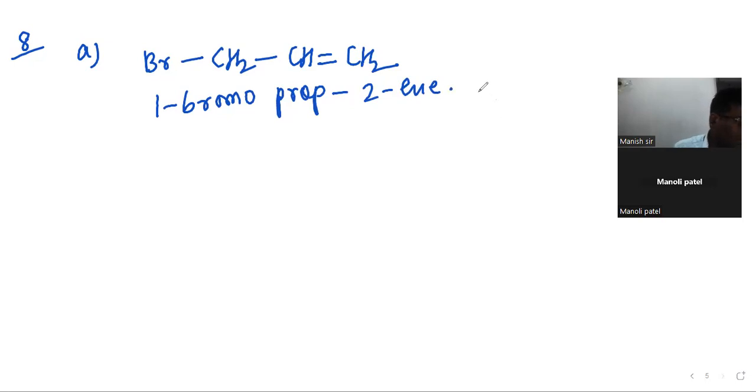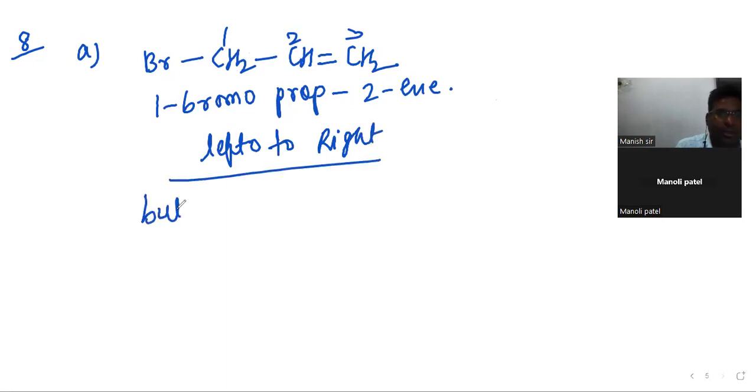So in IUPAC nomenclature, preference is given to the multiple bond over the halogen. So here we have counted from left to right. But first we give the most preference to the double bond. So counting should be from here, 1, 2, 3, 4.